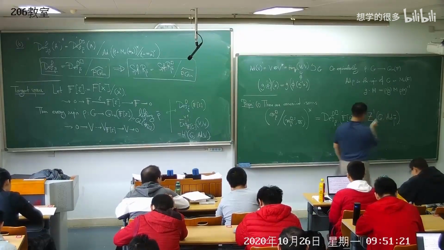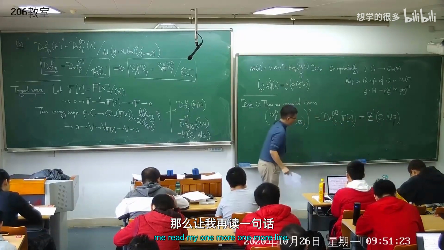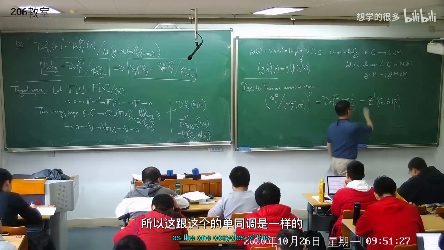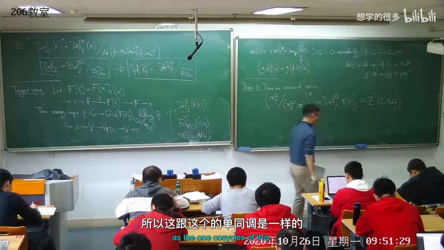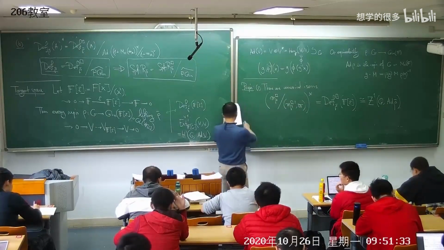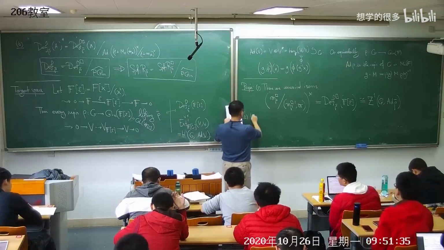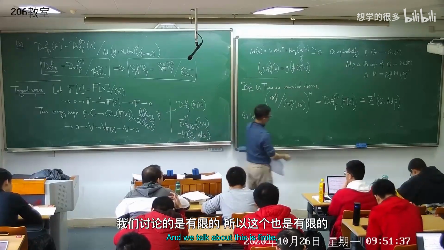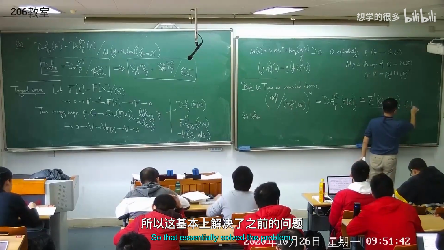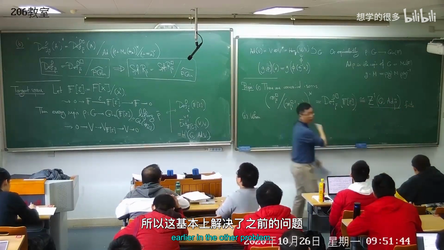Let me write one more line: this is the same thing as the one-cocycles of this. And this is finite, so that essentially solves the earlier Noetherian problem.